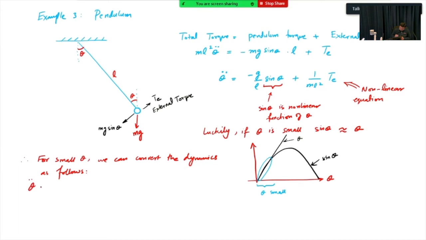You will have theta double dot equals minus g over L theta plus 1 over ml squared Te, and then you can say let theta 1 equal theta and theta 2 equal theta dot. Then your equations can be theta 1 dot.